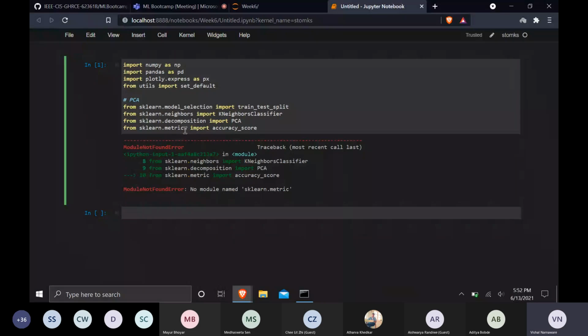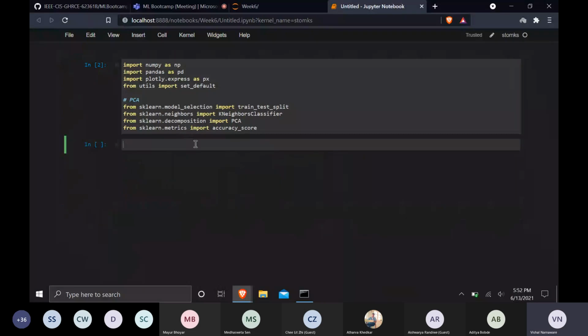Correct. The very first thing that I do is set the default configuration of the plotting library. And then I am going to read the dataset. So our usual function pd.read_csv, and this time we are going to work with the previous dataset, the MNIST dataset. If you remember, in week 3 we saw this MNIST digit dataset.